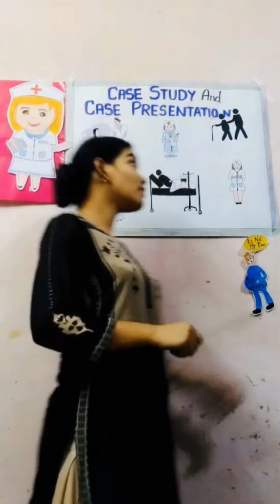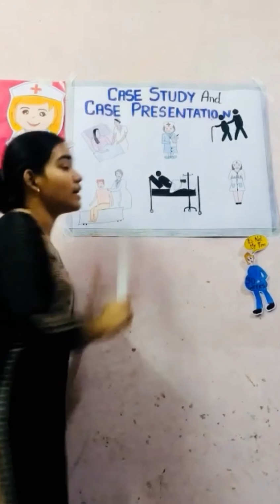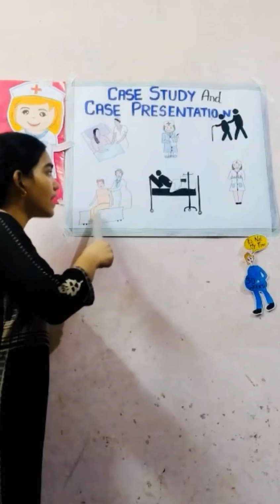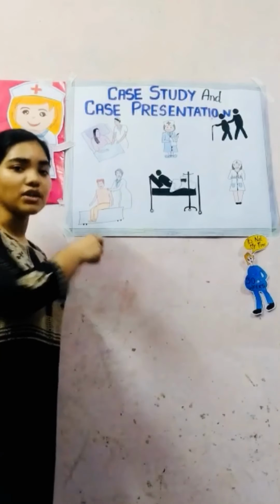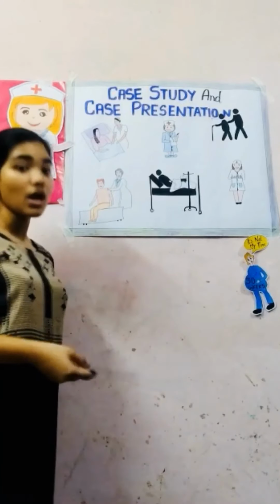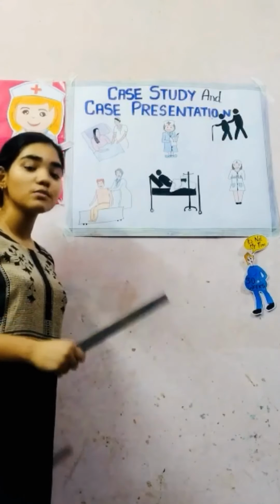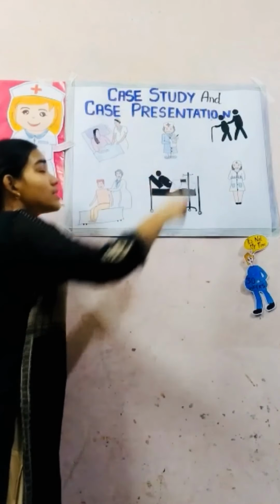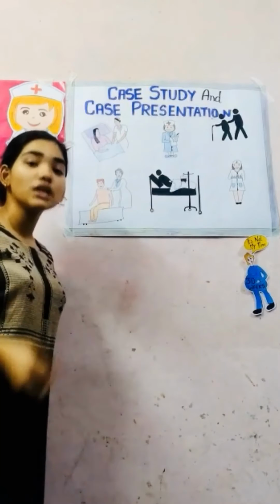Then the second part of the case study includes the nurse or the student who is conducting that case study. The second part includes the nurse's responsibility for planning and providing the care. First the nurse assesses the patient carefully, with the physical examination, and on the basis of the assessment, the nurse plans what care should be given to the patient.